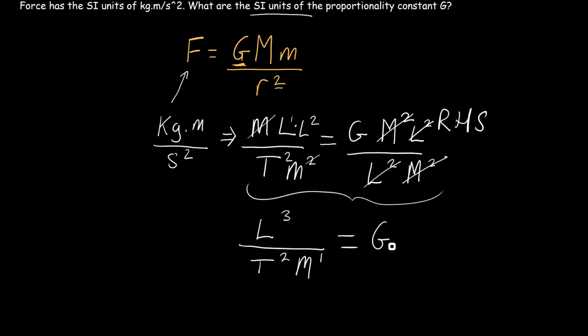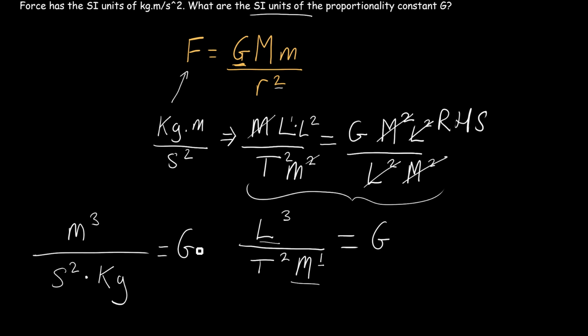So we have a meters cubed up here, because we've got a length cubed here, divided by a time, which in SI units is in seconds, seconds squared, multiplied by a mass down here, dimension of mass, to the power of 1, which in SI units is kilograms, which is equal to our gravitational constant. And that's the answer to the question.